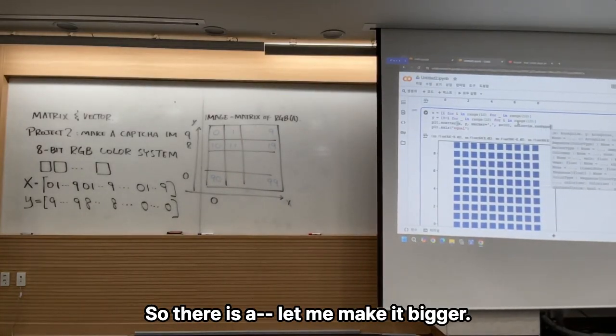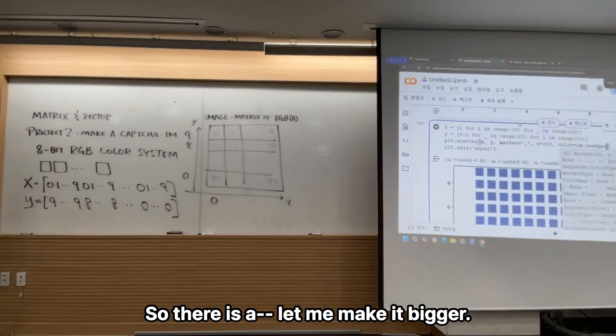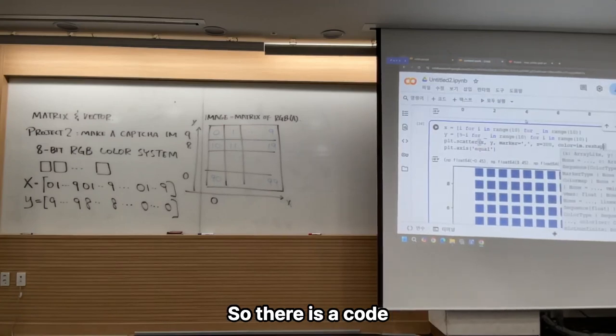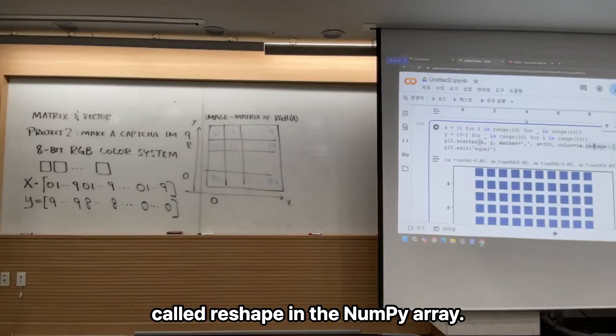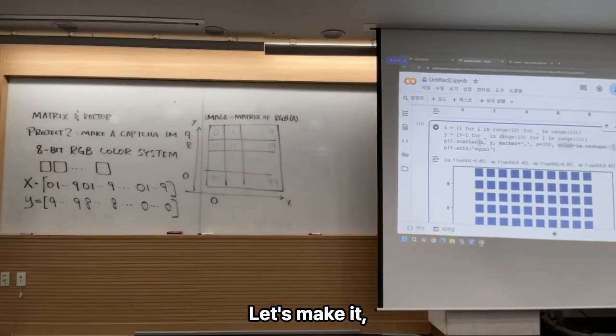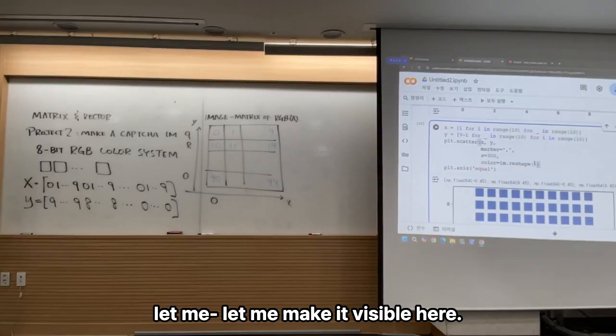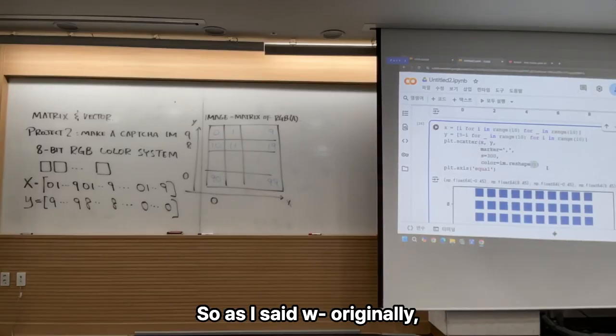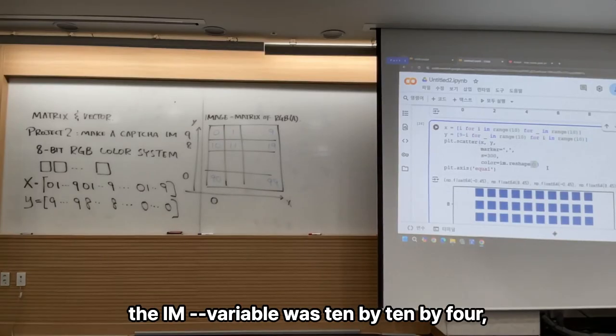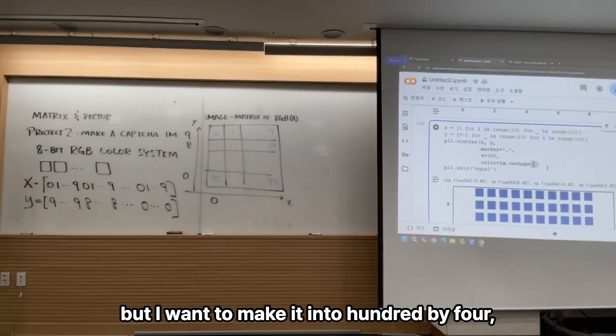So there is a, let me make it bigger, there is a function called reshape in the NumPy array. Let me make it visible here. As I said, originally the IM variable was 10 by 10 by 4, but I want to make it into 100 by 4.